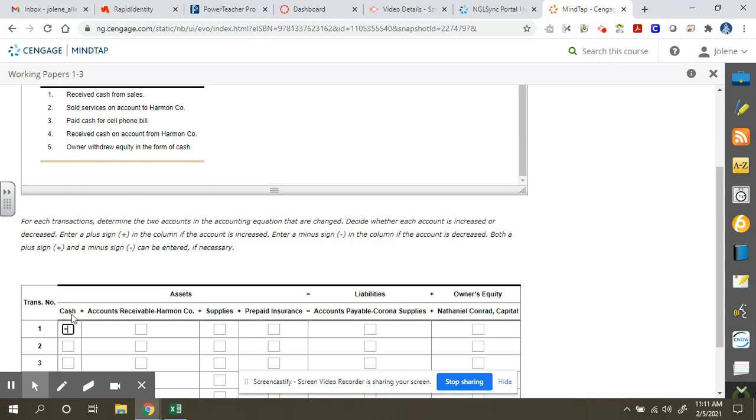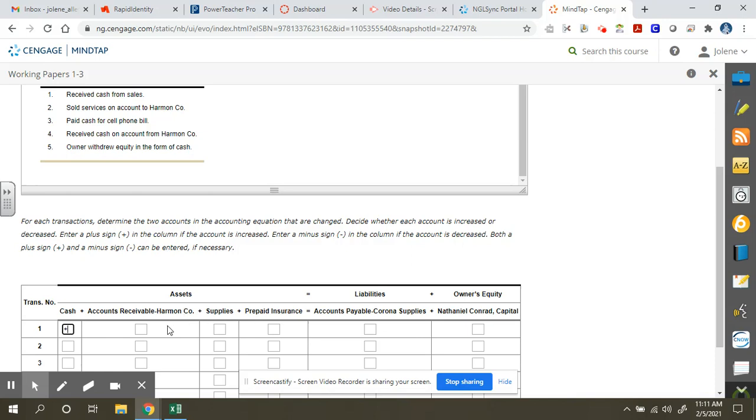This time, it actually gives you names of accounts, so you can pick from the names of the accounts. Here's your equals. Whatever you do on one side, you have to do on the other side. You have to keep the line balanced. So cash went up. Yay, that's good.